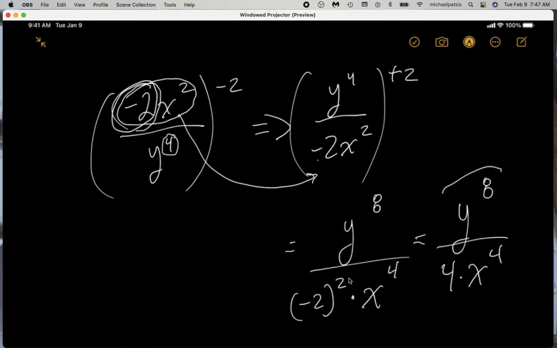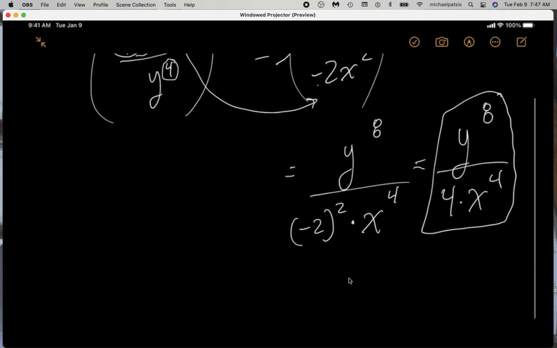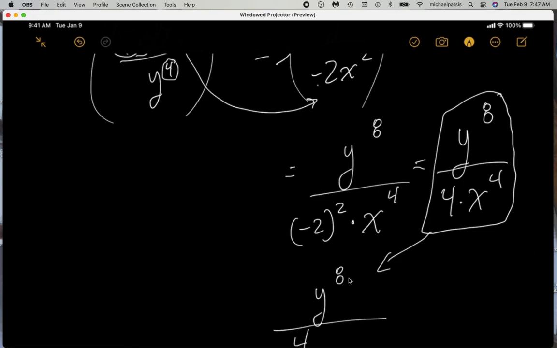Okay, if we wanted to rewrite this, simplify that, for whatever reason, we can do y to the 8th over 4 and x to the -4 up top. We cross the line and we change the sign to -4. We cannot take the 4 up here and change it to -4. That is not legal. Okay, you have to keep that +4 on the bottom.